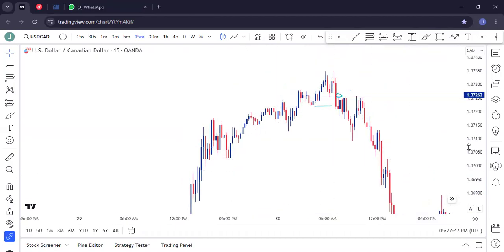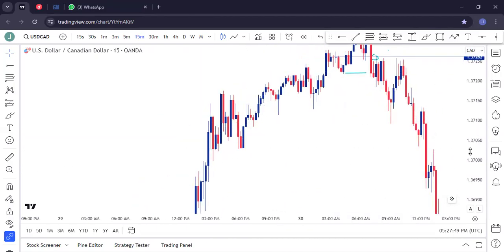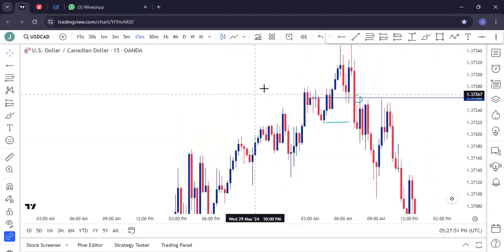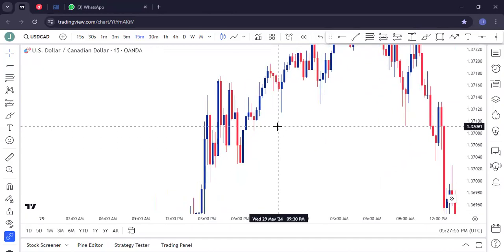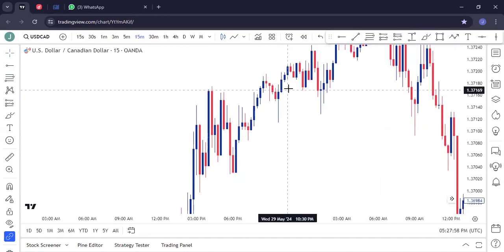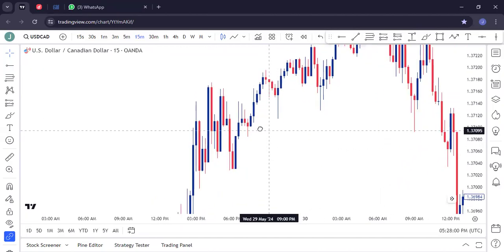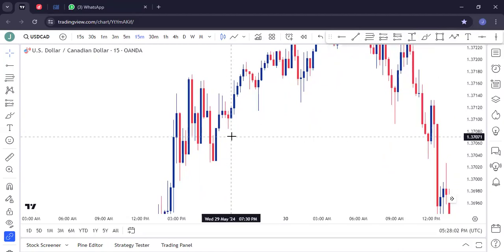This point here. Now look close here. Sometimes it's very tricky to find this liquidity engineering, like this point here.